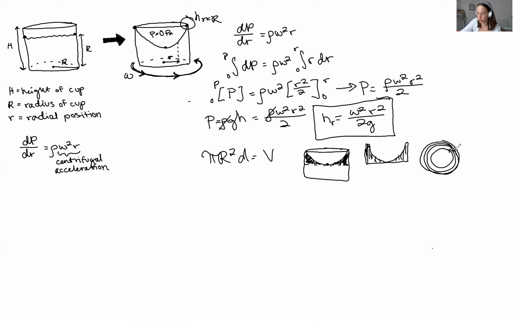So since we know that circumference is just equal to 2 pi r, we can do the change in the volume with respect to the radial position like this.